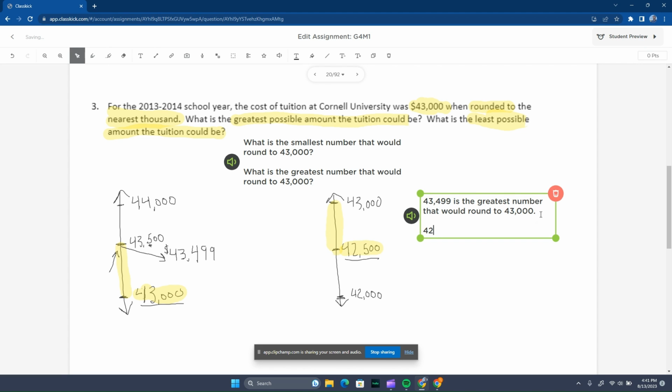And 42,500 is the smallest or the least number that would round to 43,000.